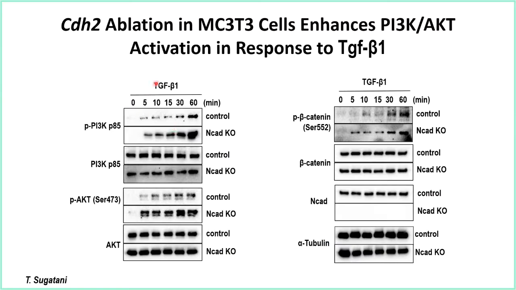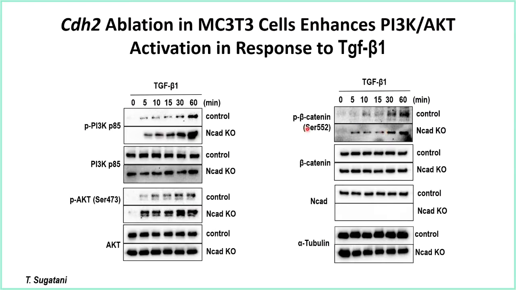So upon stimulation with TGF-β1, there is a fast activation of PI3 kinase, here shown as phosphorylation of P85, and this phosphorylation is far stronger in the knockout cells. No effect on total P85. Phospho-AKT is also more strongly activated by TGF-β in the knockout compared to control, with no effect on total.